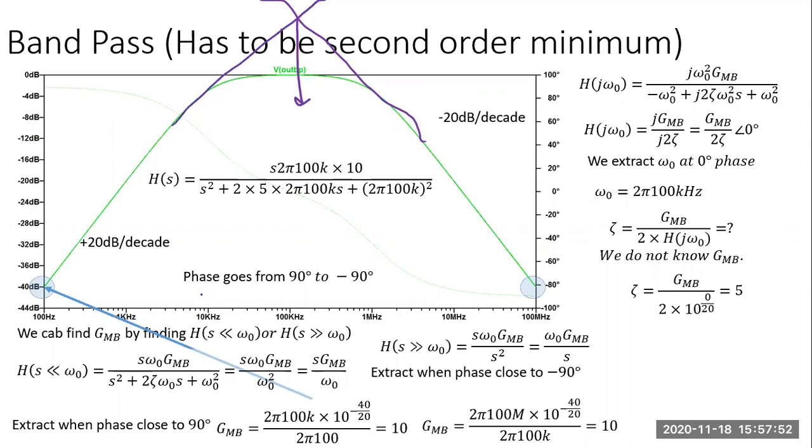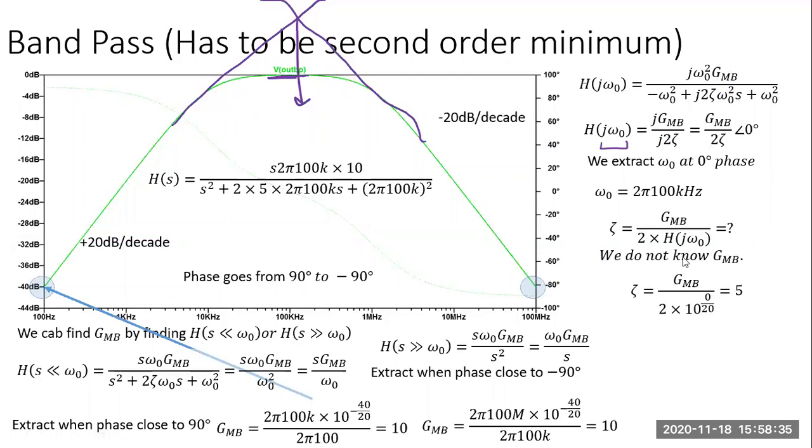But what happens is, that's pretty straightforward to get, and then you're thinking, well, let me substitute j omega and I'll be able to calculate my midband gain. But the midband gain isn't necessarily this spot here.